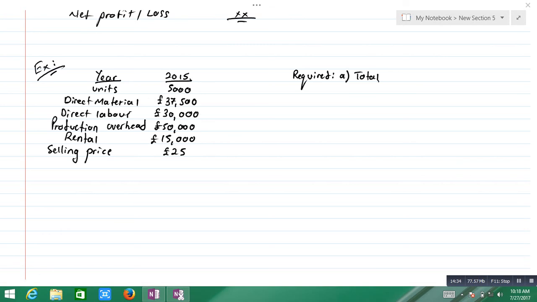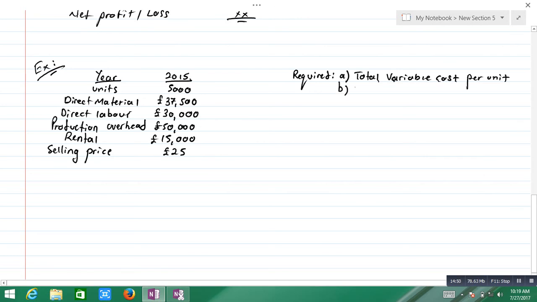B, total variable cost. C, contribution per unit.